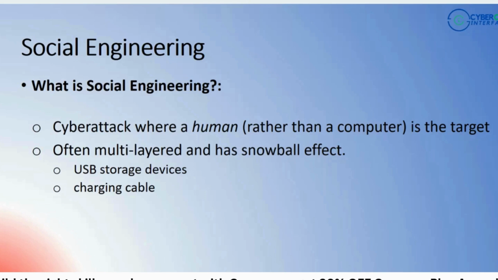That is the multi-layer effect. For example, I know that you were a student of a particular school. Maybe I know your secondary school. That information, I will now use to try and find out maybe where you live.